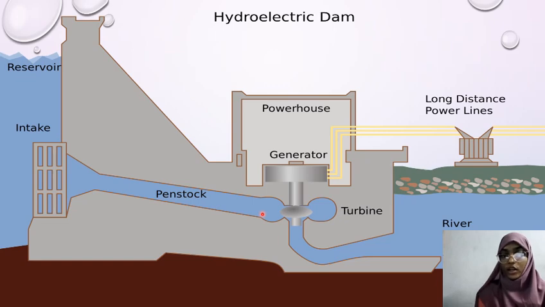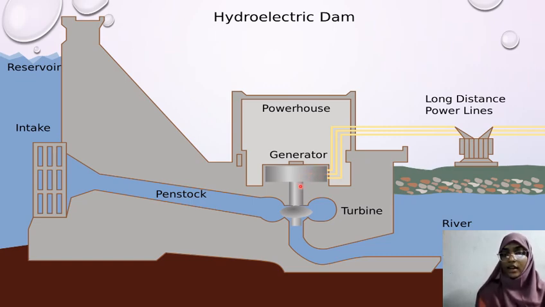When it passes through the turbine and rotates it, the kinetic energy is converted into mechanical energy, and when the turbine rotates, the generator produces electricity. Here mechanical energy is converted into electrical energy.